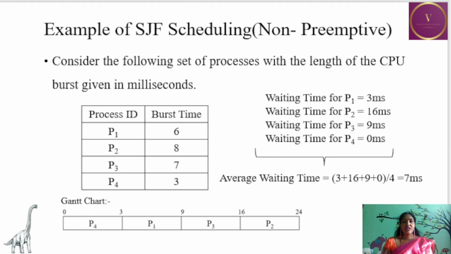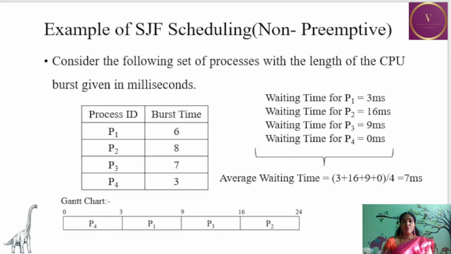Process P1 has a burst time of 6 milliseconds. P2 requires the CPU for 8 milliseconds. P3 requires the CPU for 7 milliseconds, and P4 requires the CPU for 3 milliseconds.